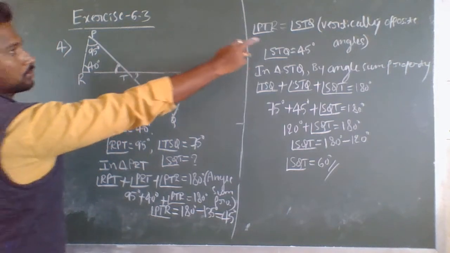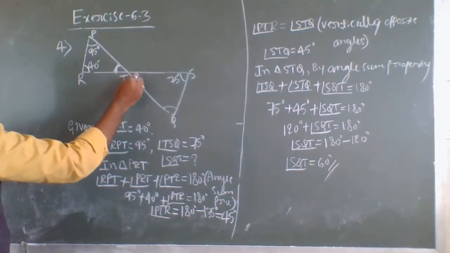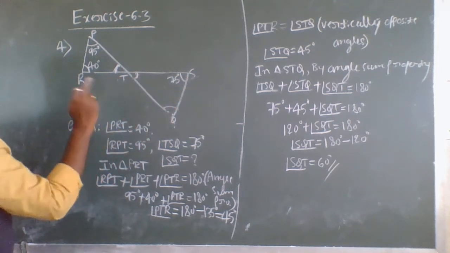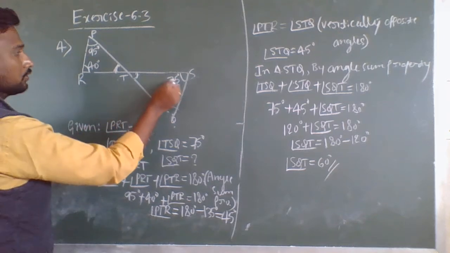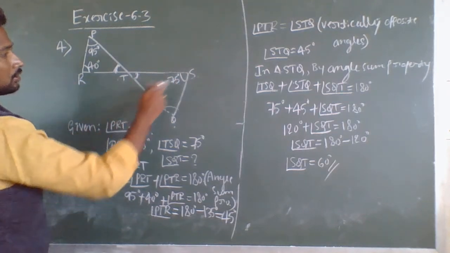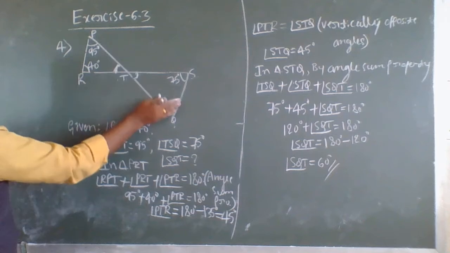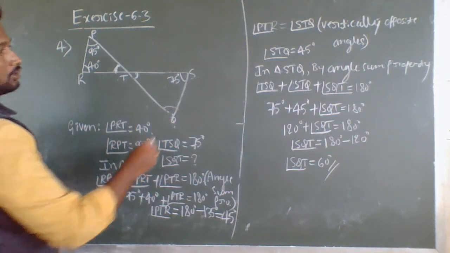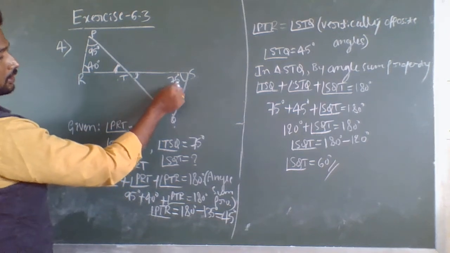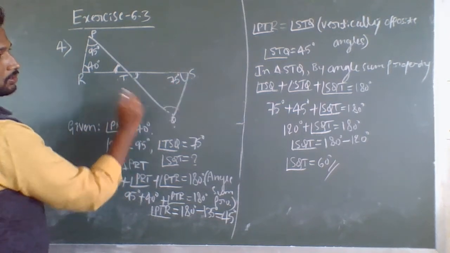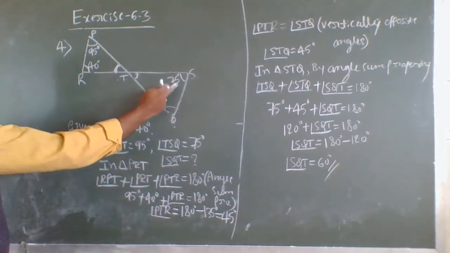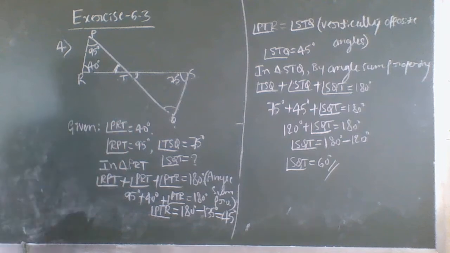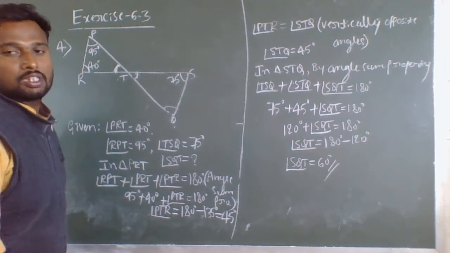These two are vertically opposite angles, and if this is 45 degree, this is also 45 degree. Here it is 75, this is 45. So in triangle STQ, by using the angle sum property, this angle plus this angle plus SQT is equal to 180 degree, and we have the values of these two angles. Finally, we got the value of angle SQT as 60 degree.